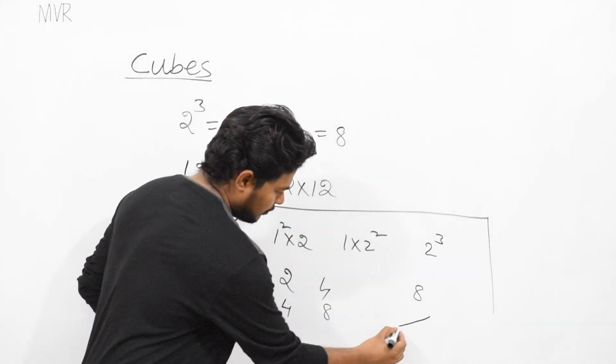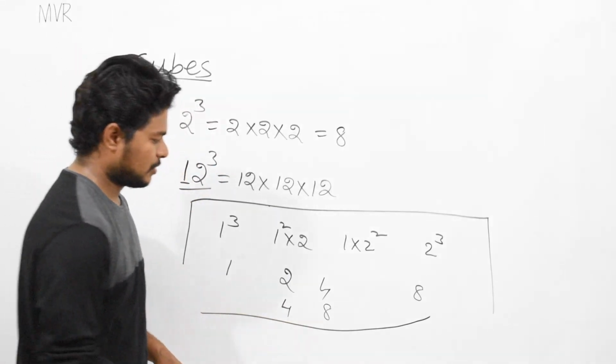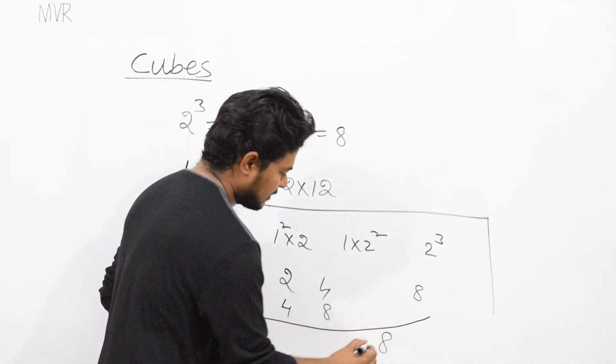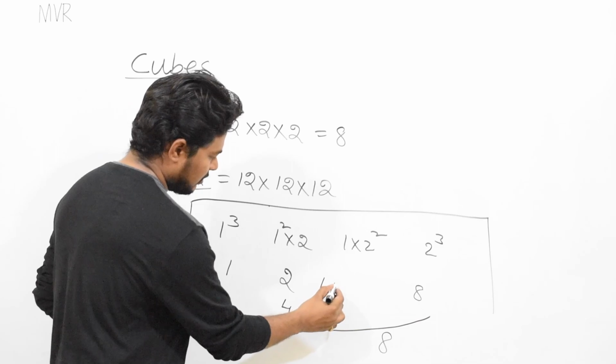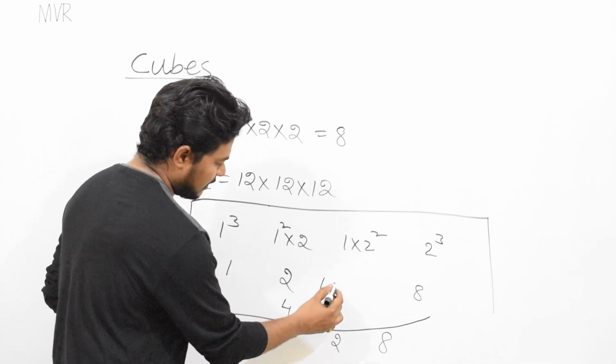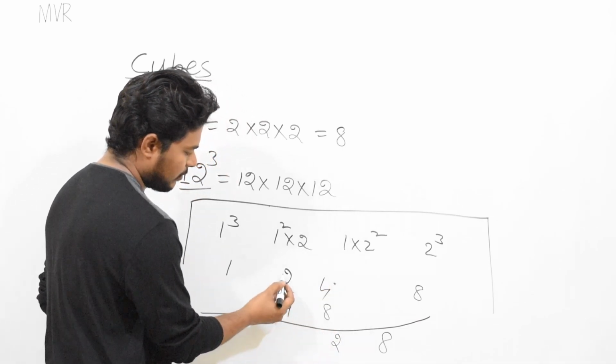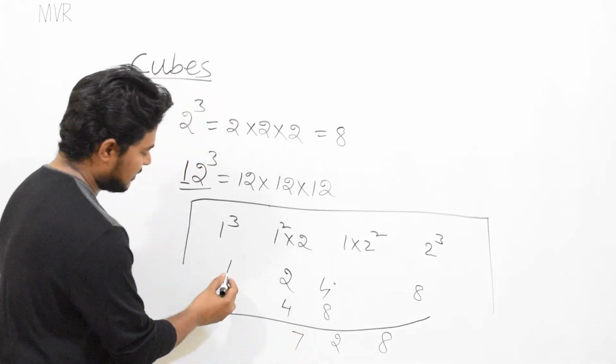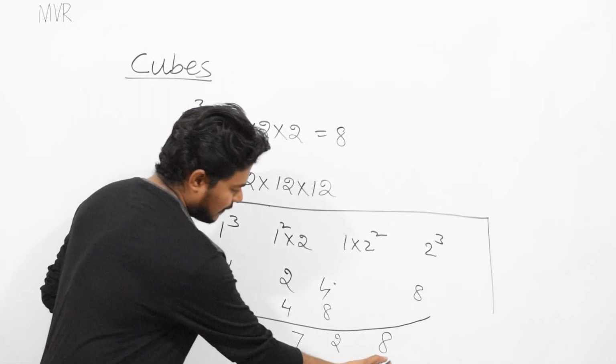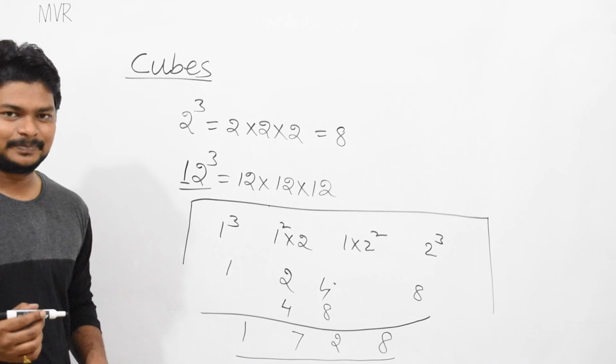Now you need to add. So this will be 8, this will be 12, 1 plus 4 is 5, plus 2 is 7, and this 1. So 1728 will be the answer.